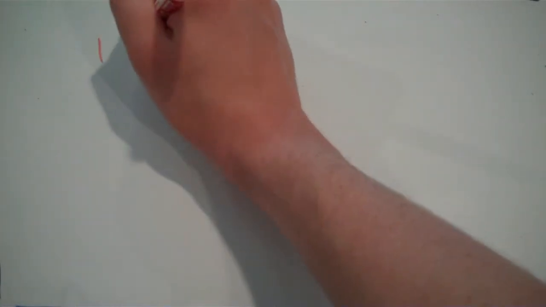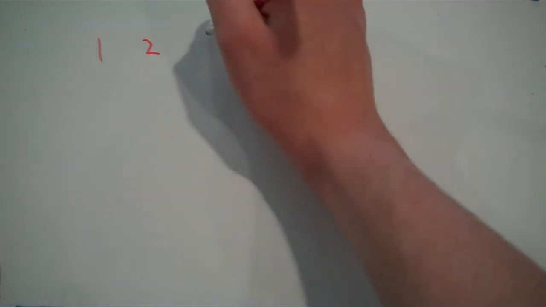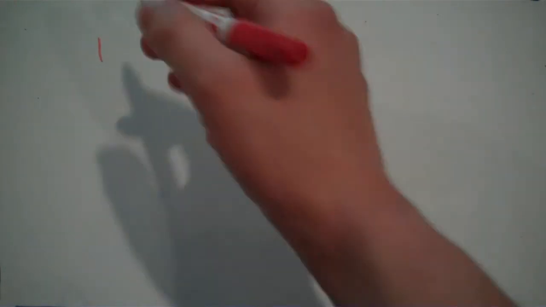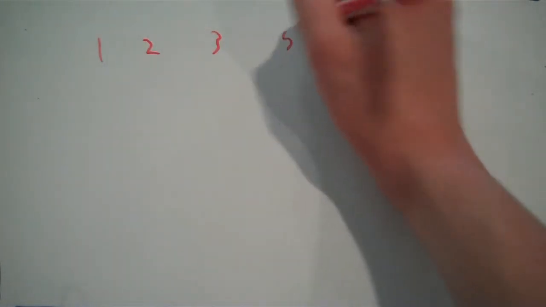Now, for Fibonacci numbers, it's a series, and what you do is you add the previous two terms of a series to get the next number in that series. So, we're going to start with the first two terms, which will be 1 and 2. Now, if we add 1 and 2, we get 3. To figure out the fourth term, we add the previous two terms, which are 2 and 3, so we get 5.